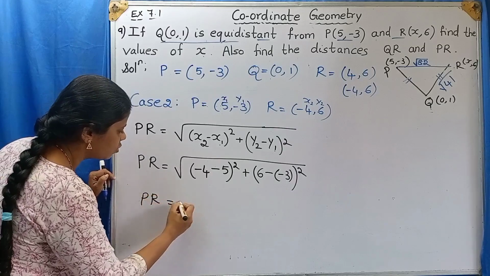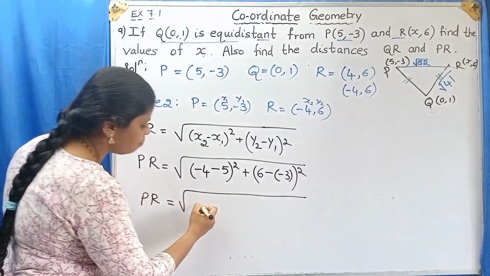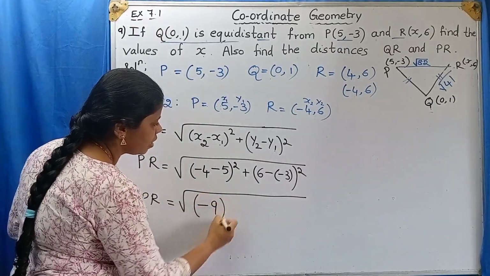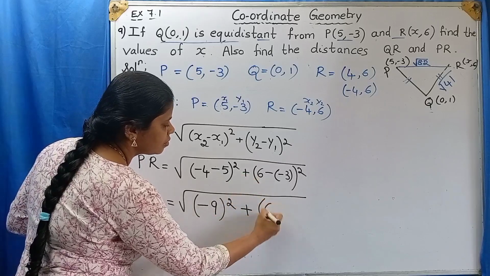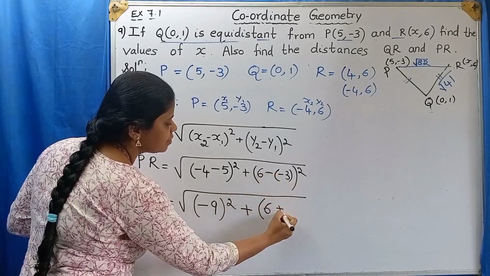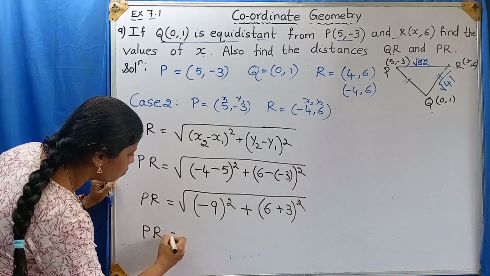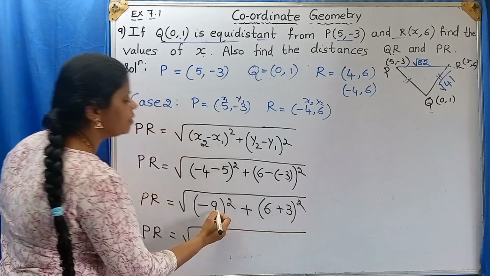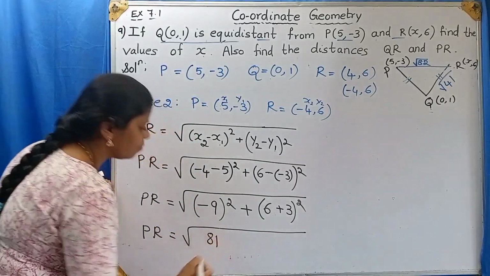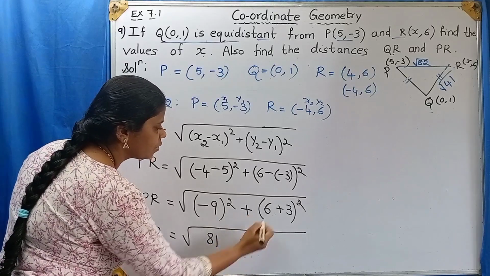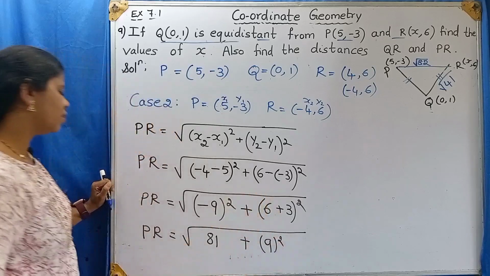PR is equal to square root of minus 4 minus 5 is what? Minus 9. Minus 9 the whole square, plus 6, minus into minus is plus 3 the whole square. PR is equal to minus 9 the whole square is what? 81, plus 6 plus 3 is what? 9 the whole square. Okay.